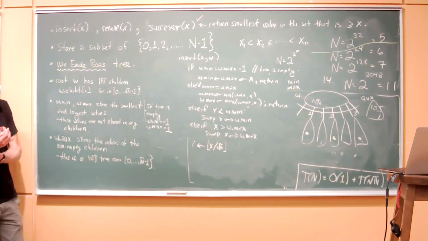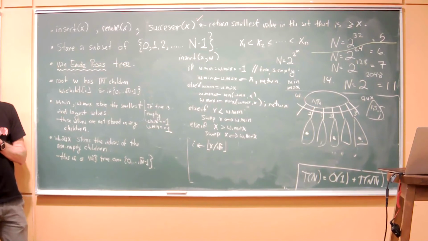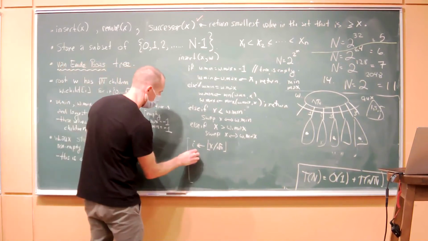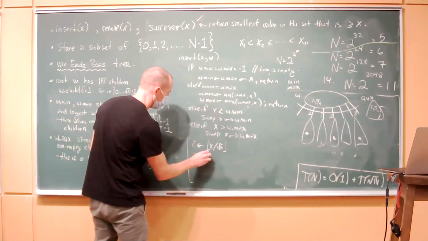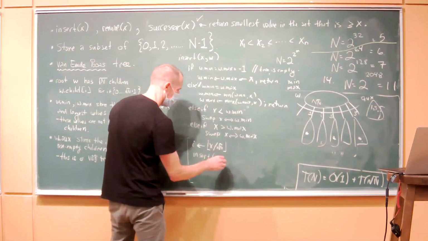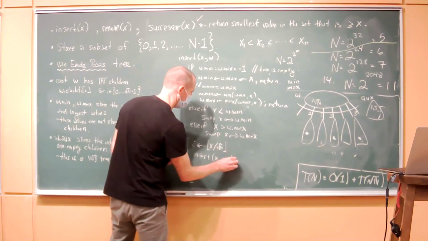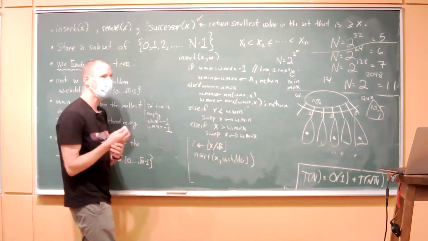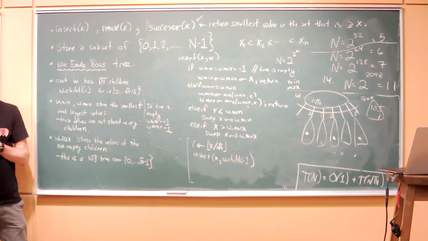All right. What now? All right, so let's insert x into w dot child at i. Sounds good. Are we done?